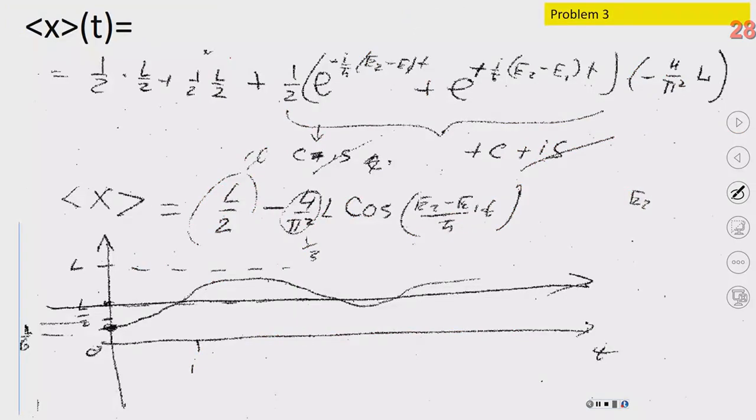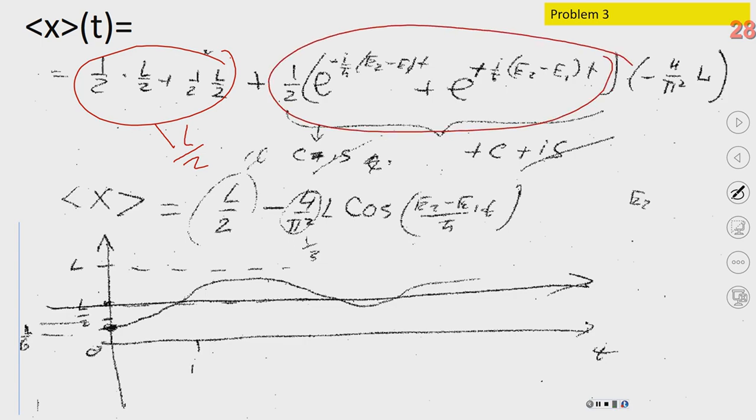So the first term for the expectation value of position will result in probability. And then there will be something oscillatory times the matrix element of the transition, the expectation value of position between non-coinciding states.